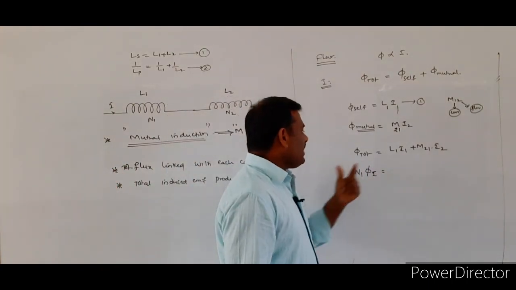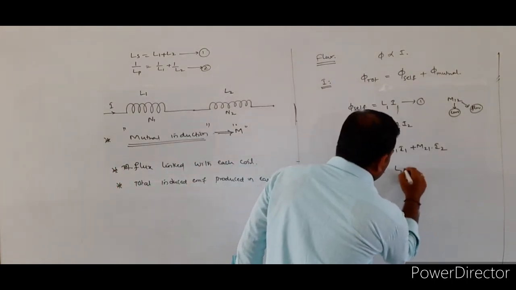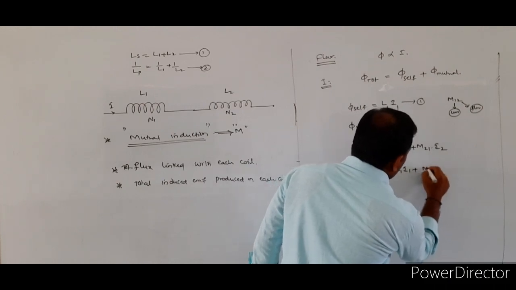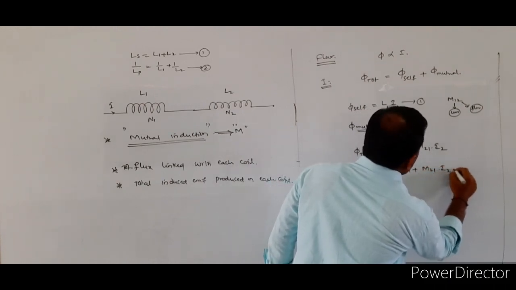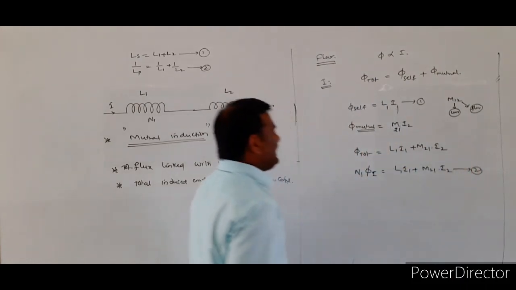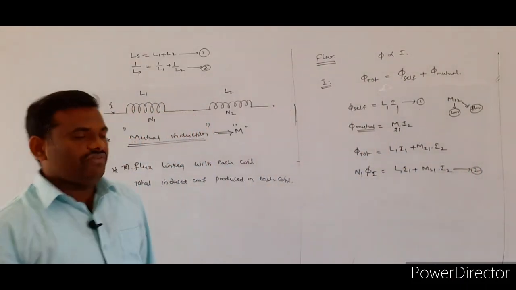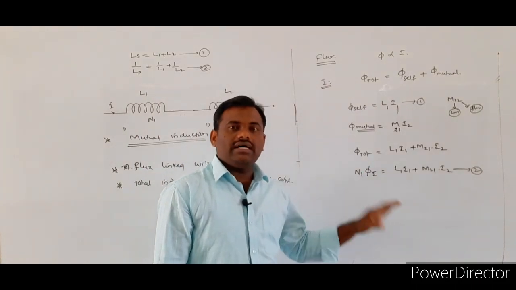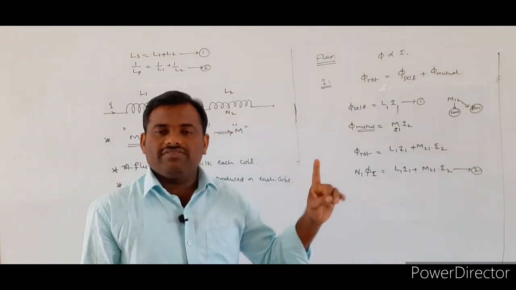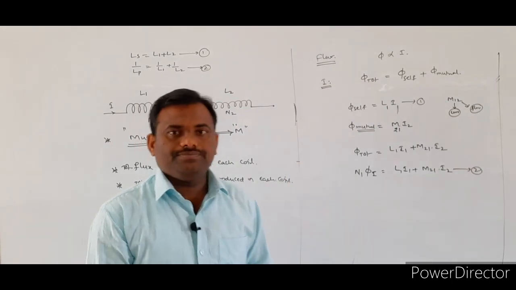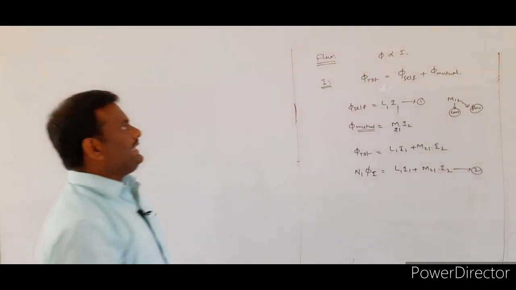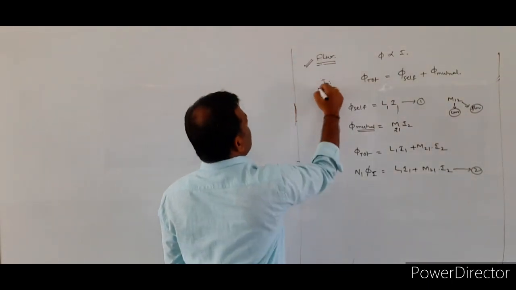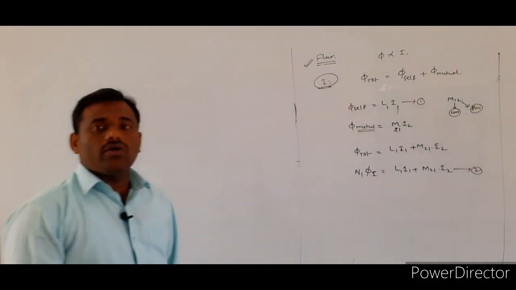Therefore, N1 phi 1 is equal to L1 I1 plus M21 I2. Like this we calculate the total flux linked with the first inductor coil.